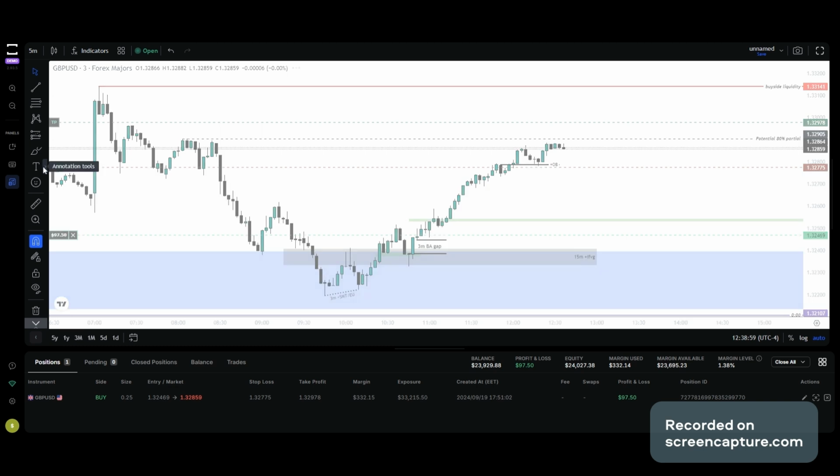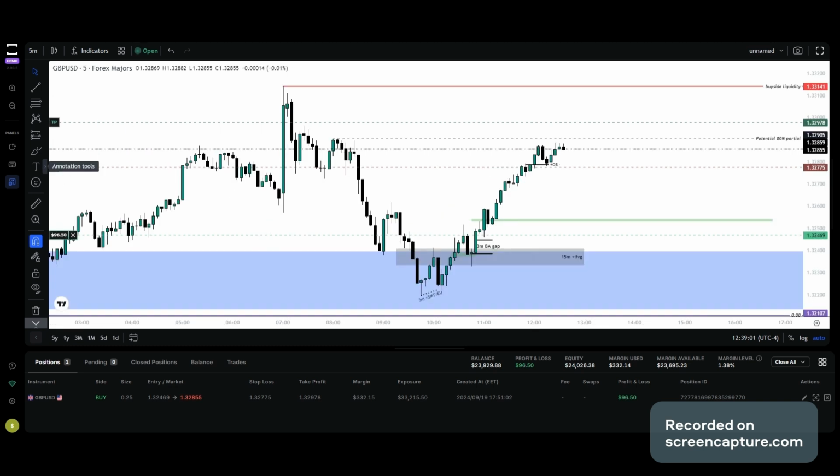To the 5 minute. And again, I'd really like to see it run these highs before it starts to retrace lower.